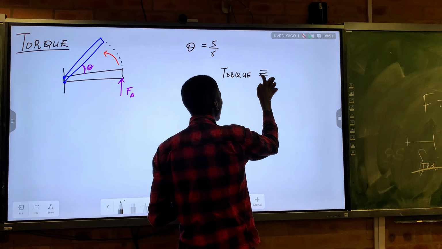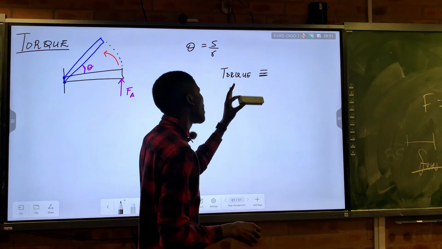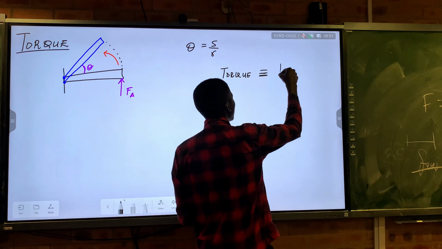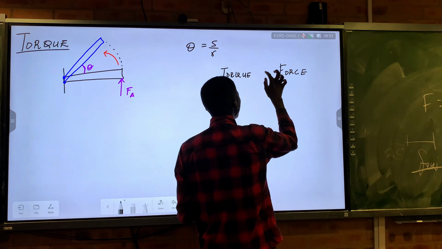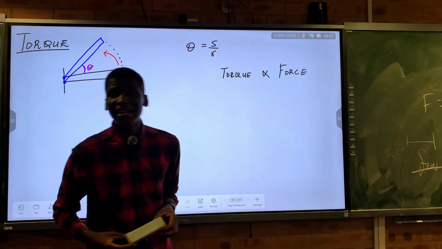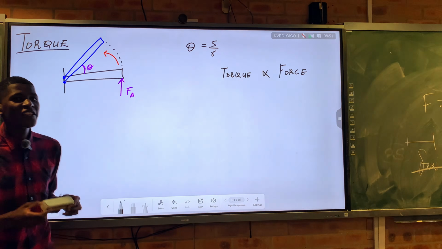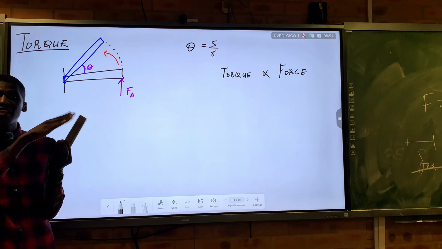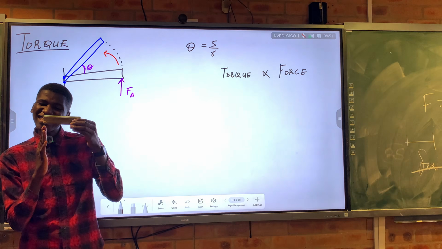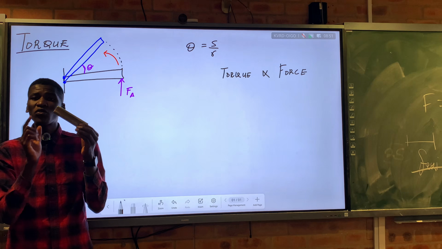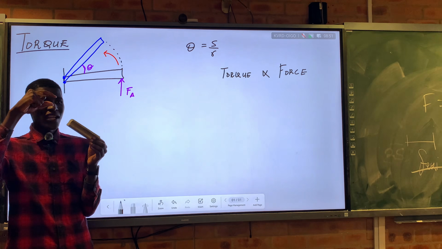Let me just use the three equal sign for my convenience. Torque is equivalent to force, or let me just say it is directly proportional to force. It simply means if I apply a bigger force, this thing will rotate more. Once you apply a small force, it will rotate a smaller rotation.